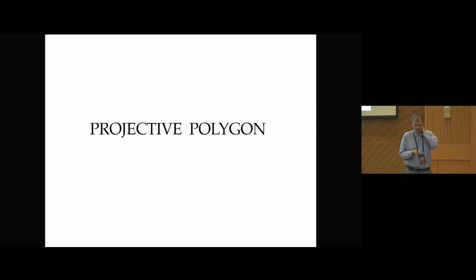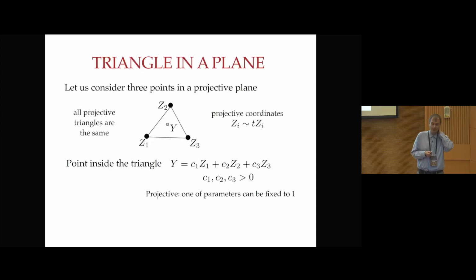I move to the polygons again. Now we ended with the triangle and the polygon. When we discussed the projective space, we said that the form that we wrote for the triangle made sense in the projective space. So these z coordinates were projective coordinates in the projective space. So we look at it again.